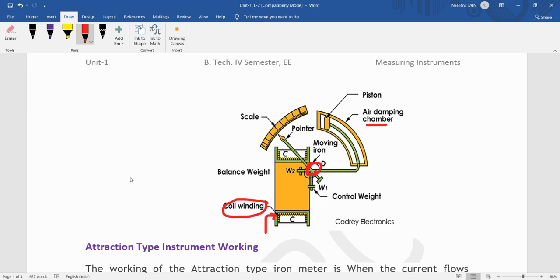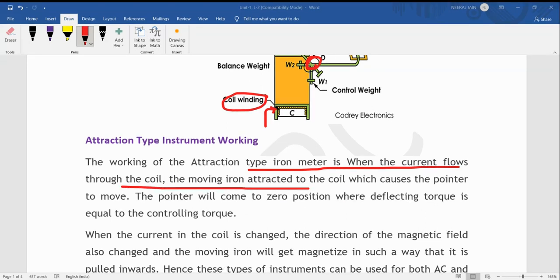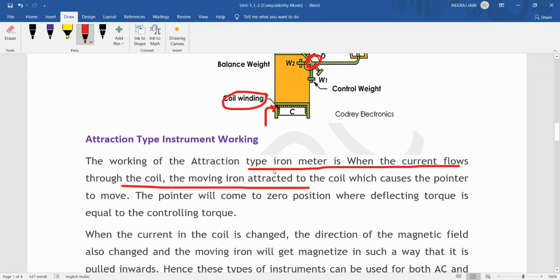Now we will see the working of the attraction type instruments. The working of the attraction type moving iron meter is when the current flows through the coil. Basically these instruments work on the principle that the current flows in the coil, due to which the pointer will move.